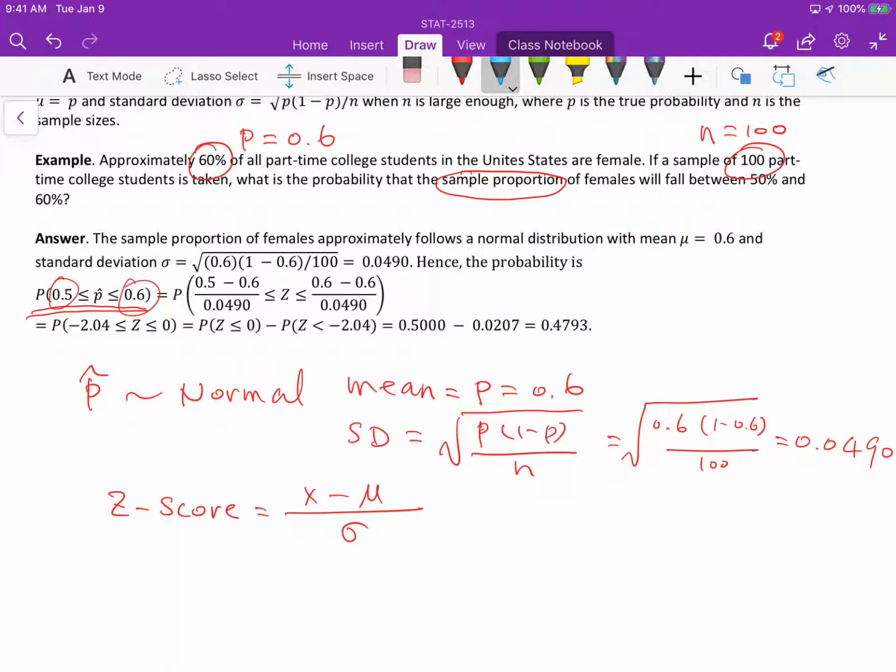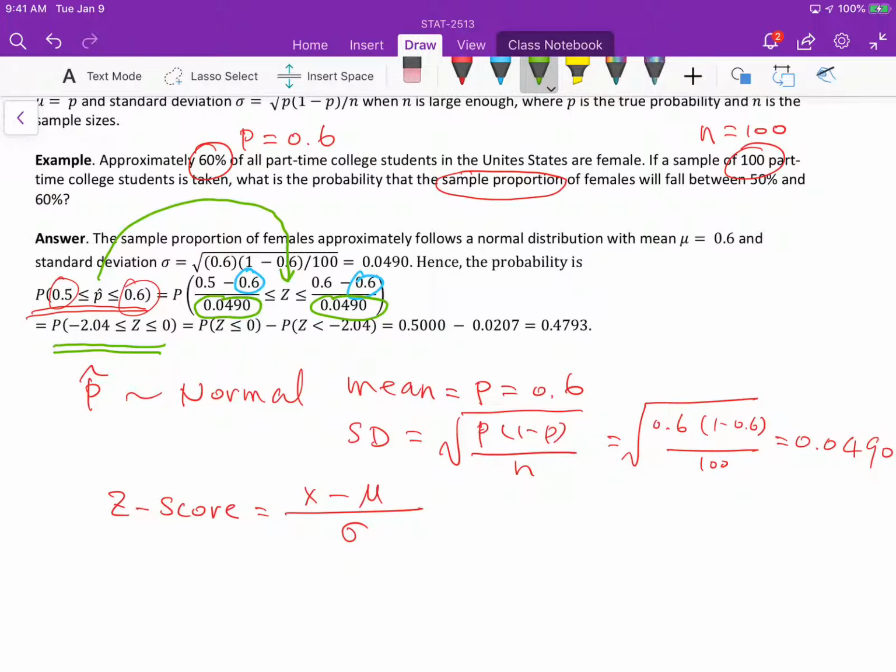We subtract the mean, and we divide by the standard deviation. So the first step is essentially to calculate the z-score for both values. Of course, p hat will be replaced by z, because this is the z-score. Then we do the math and we will get this.